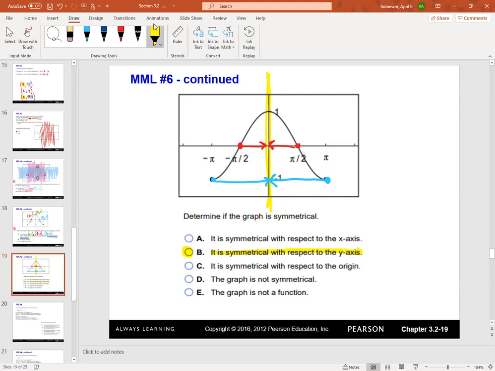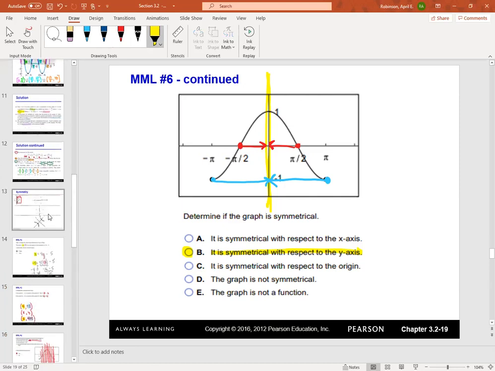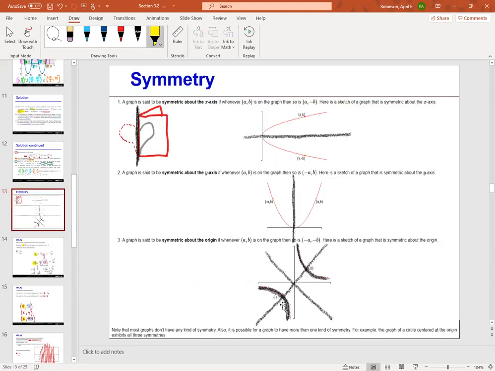Now, part C says the origin. Let me slide back to that one picture I added. Yeah, it was this one. When you fold it on a diagonal, that is where it's symmetrical to the origin. Whether you're folding it along this line or that line, both of them go through the origin. So in that type of picture, you would say with respect to the origin.